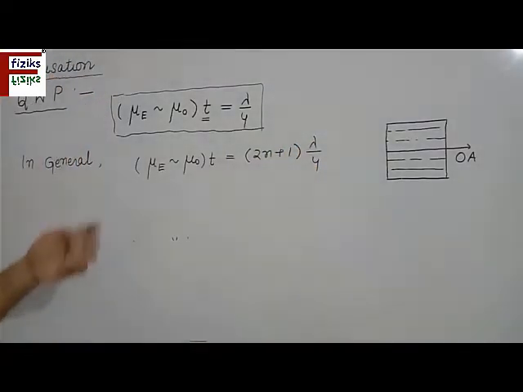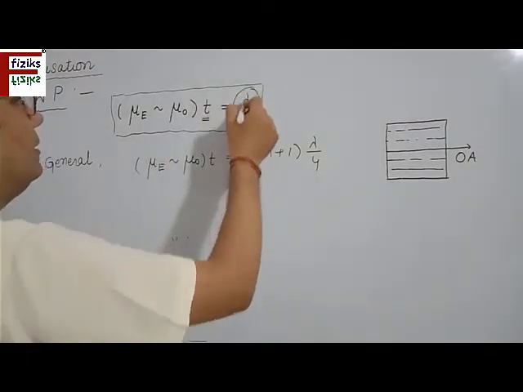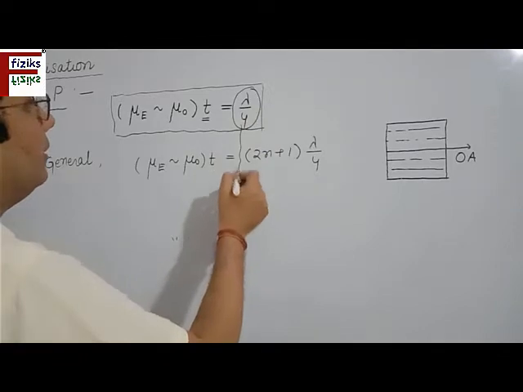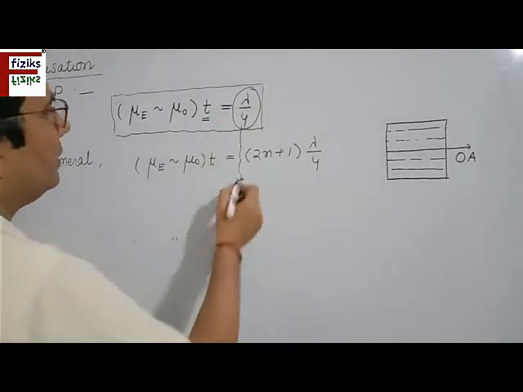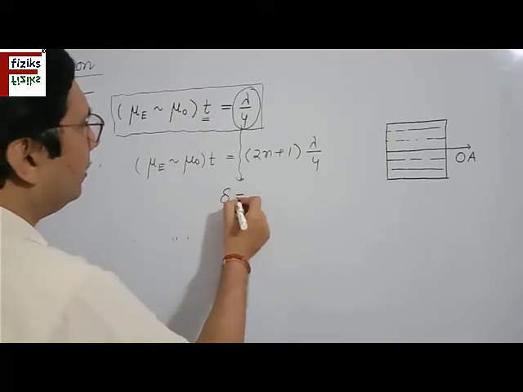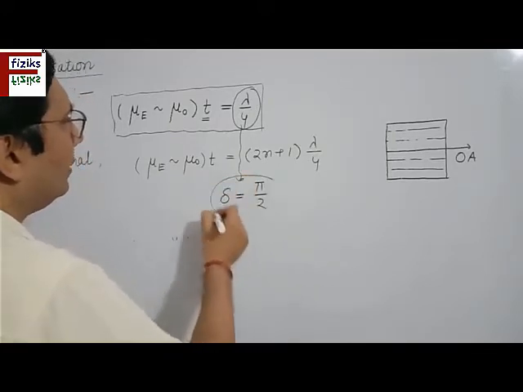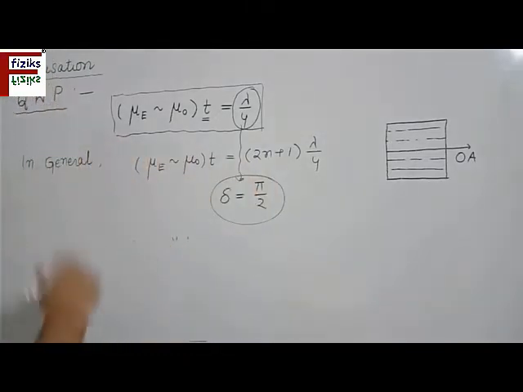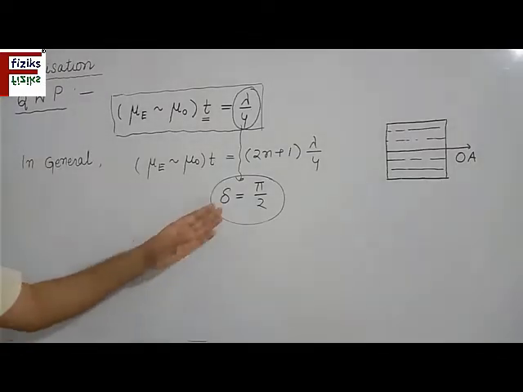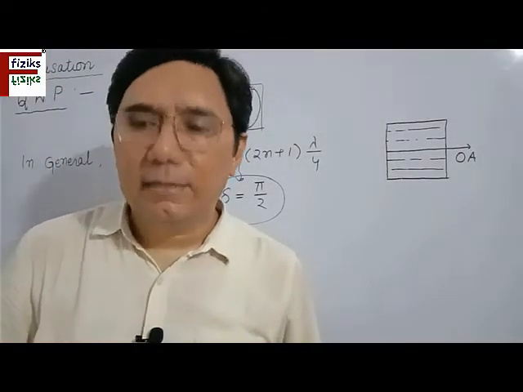And what is the role of this quarter wave plate? It is introducing a path difference of λ/4, which is equivalent to a phase difference of pi/2. So this quarter wave plate is introducing a phase of pi/2 between O ray and E ray.